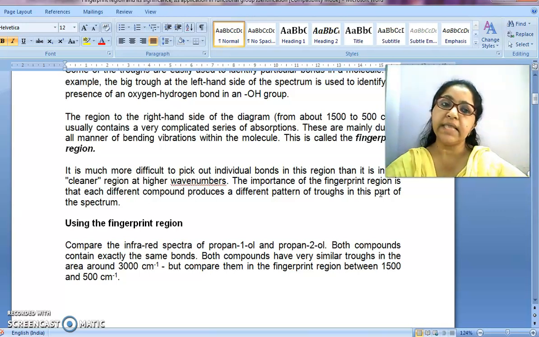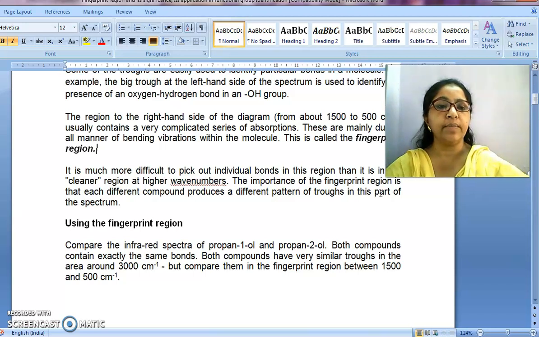You can take the examples of ethanol and propanol. Both are alcohols with a small difference, but yet the fingerprint region will be completely different.